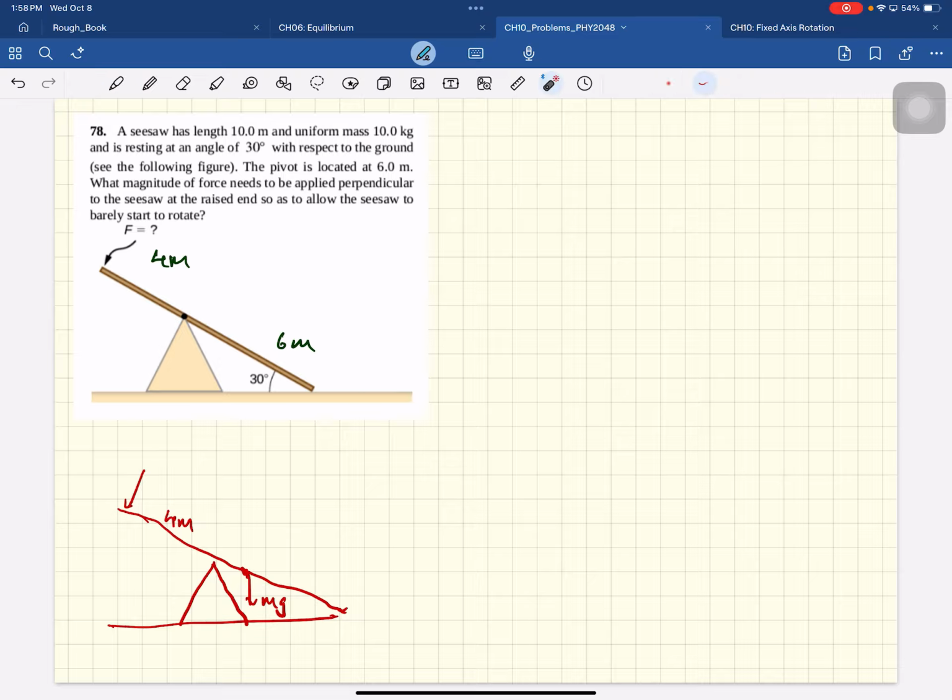So this force is rotating it clockwise, and this one is trying to rotate it counterclockwise, and they're balanced. So you're calculating the torques about this point. This angle is 30 degrees.